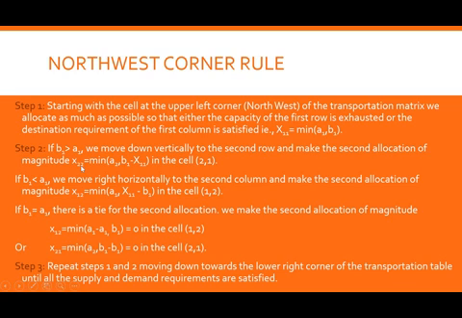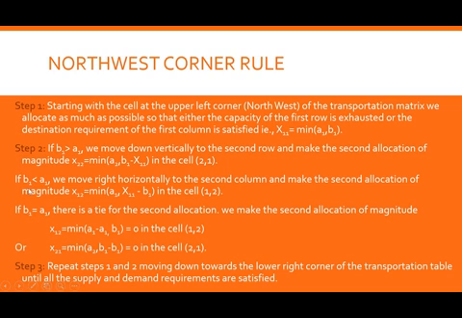This is not x22, it is x21. We make the second allocation at x21, which will be the minimum of A2, the supply of the second row, and B1 minus x11, the requirement of the first column minus what you have already satisfied. So this will be done in cell 21.